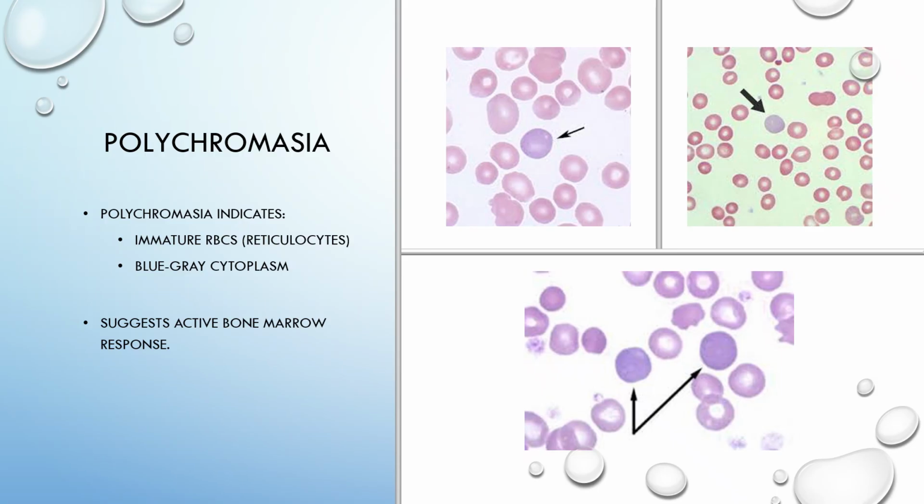For laboratory professionals, recognizing polychromasia is important because it tells us something about the bone marrow's response to physiologic stress. In other words, the presence of polychromasia often indicates that the bone marrow is actively trying to correct an underlying problem.